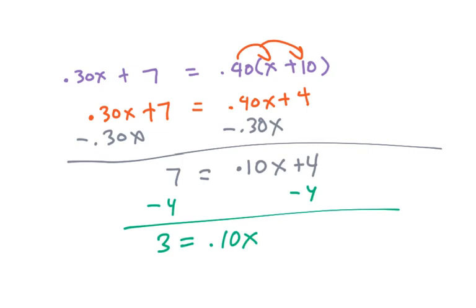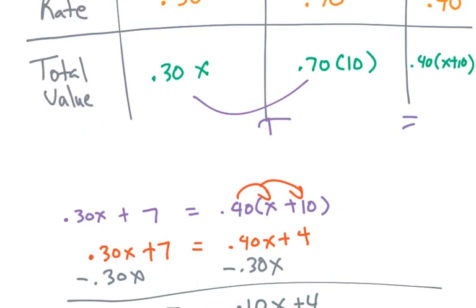And to finish off in yellow, divide through by 0.1, which just means that this, ran out of space, the x is going to become 30. So let's see if that makes sense.